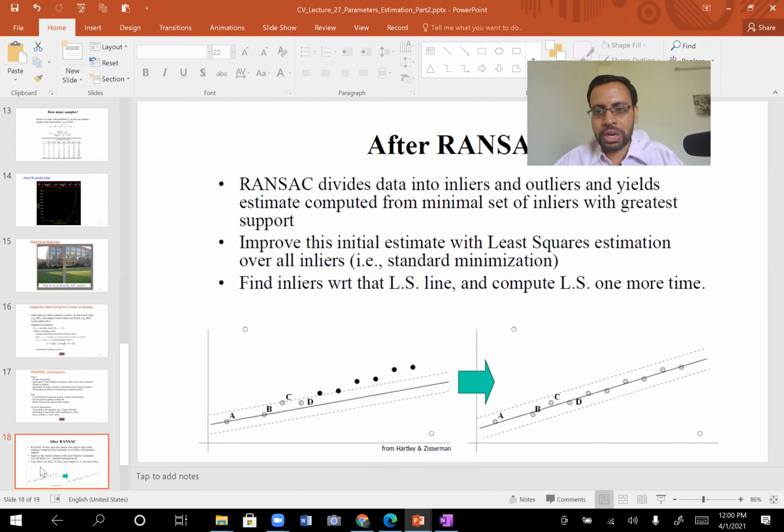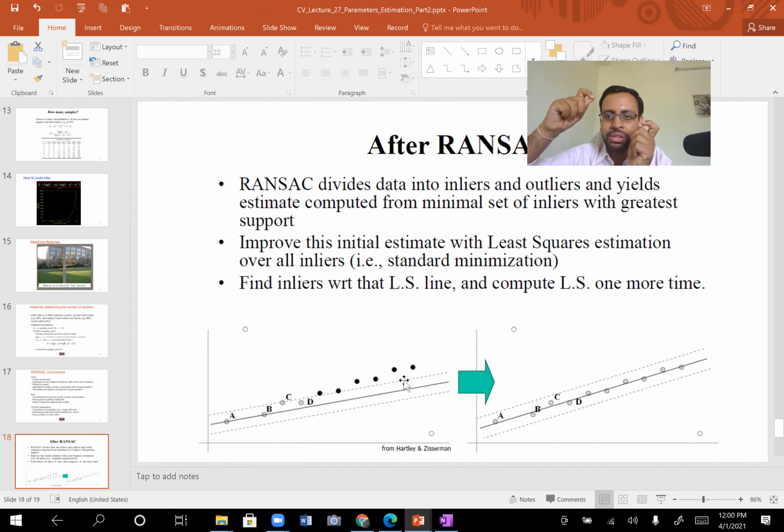One last point before I move on: there is something more that is also done on top of RANSAC. Once you get 90% inliers, let's say for the set of 2 points that you have picked up, as a last step, one common thing you could do is a least squares fit on those points. The points you picked up might not give the best line going through.